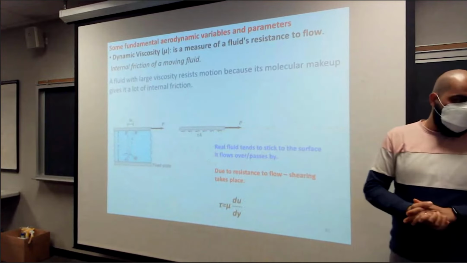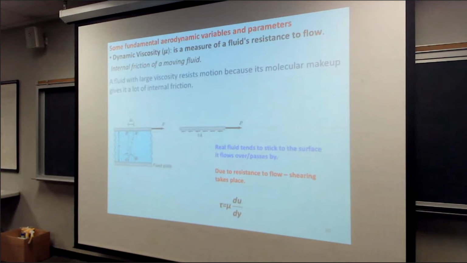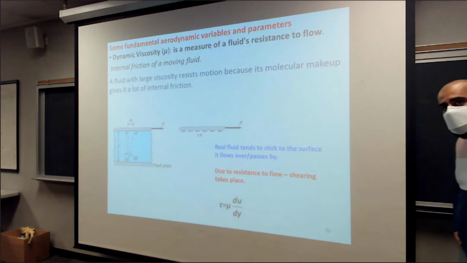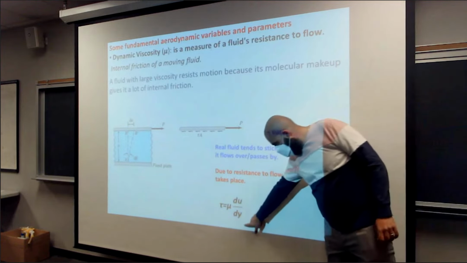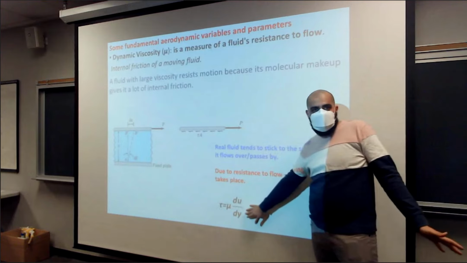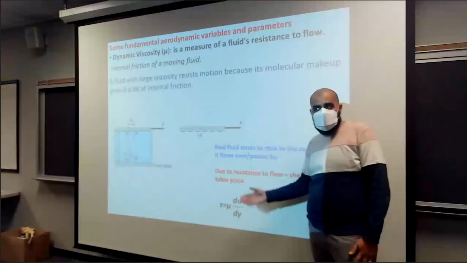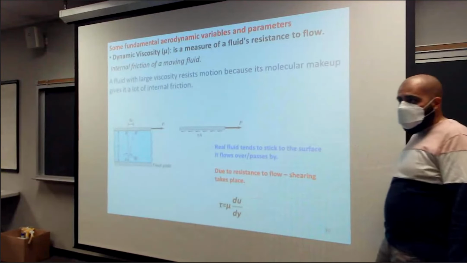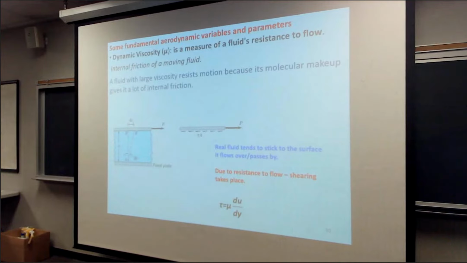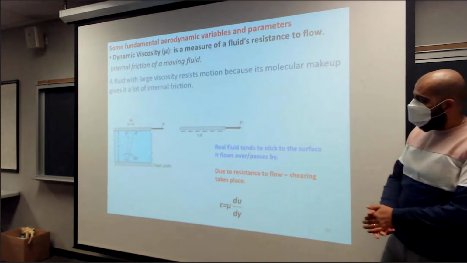And this will essentially cause a shear stress that is being applied to the fluid by the wall, or to the wall by the fluid, depending on where you stand. How can we calculate this shear stress? By this very famous equation. Have you guys seen this equation before? Hopefully you have, right? In your fluid mechanics course. Tau, your shear stress near the wall, is going to be equal to your viscosity multiplied by the gradient of velocity with respect to y.